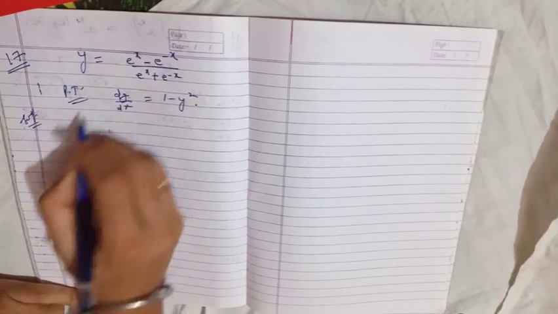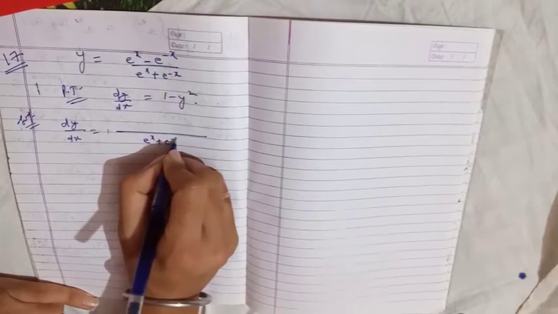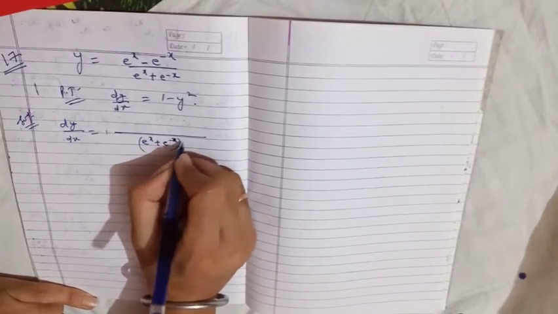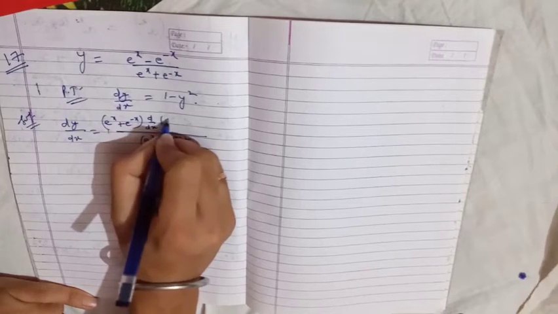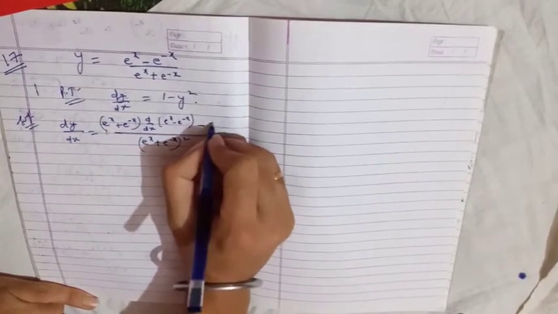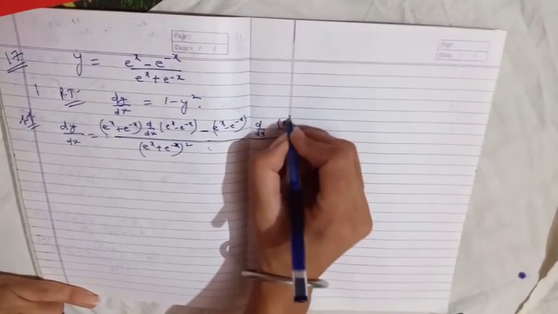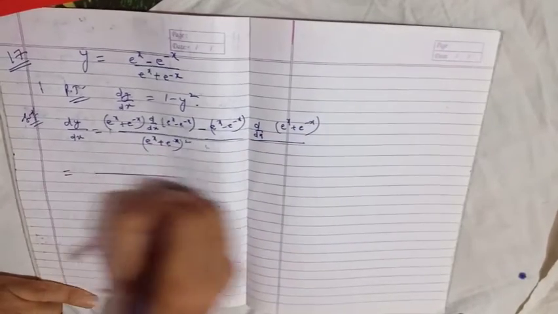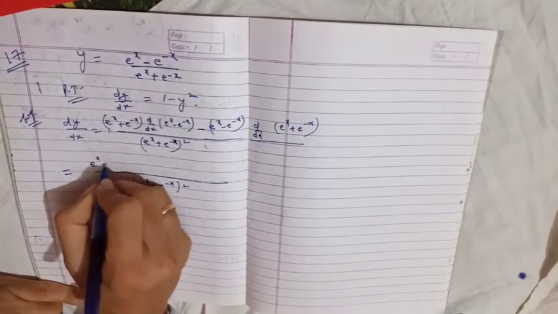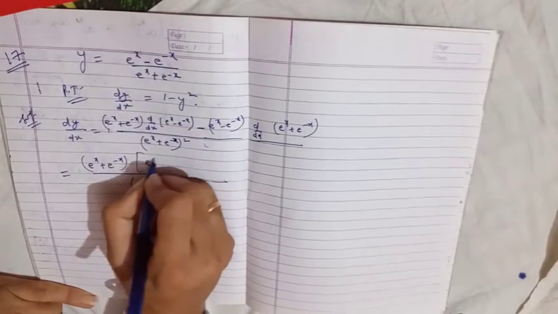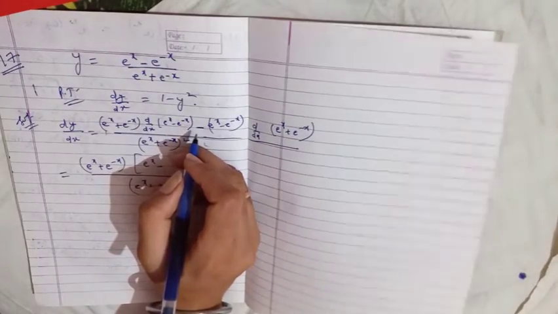Solution. Now applying the quotient rule, we can reduce our expression to v into the derivative of u minus u into the derivative of v, over v square. So we get e power x plus e power minus x times the derivative of e power x minus e power minus x, which is e power x minus e power minus x into minus 1.